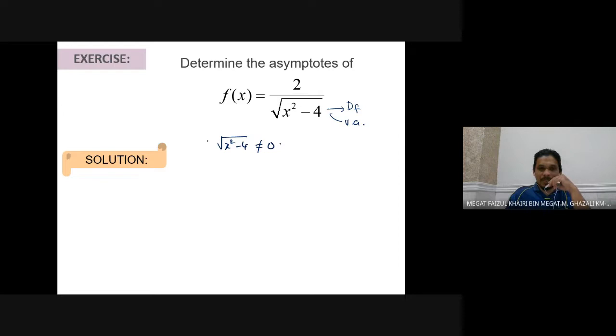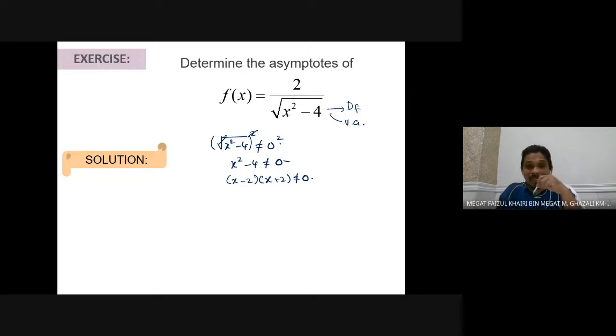If we square left and right, x squared minus 4 also cannot be equal to 0. And from here, x minus 2 and x plus 2 also cannot be equal to 0. So class, what is the domain of this function?